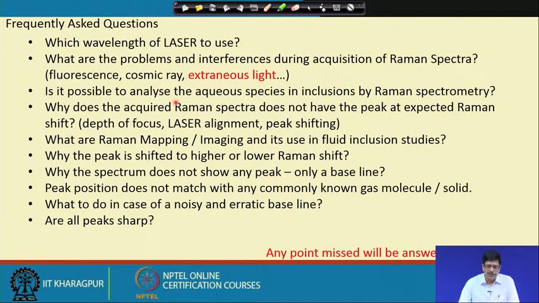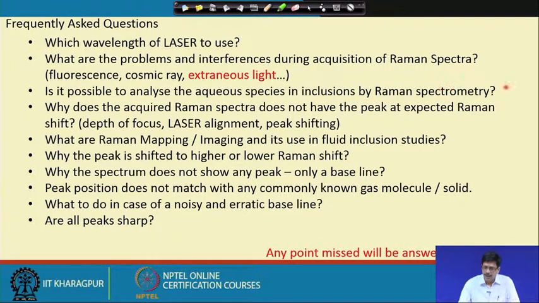So, is it possible to analyze aqueous species inclusions by Raman spectrometry? The answer is yes. It is actually the cryo-Raman. When we freeze the inclusion to a very low temperature, very nearly the liquid nitrogen temperature, we can get the Stokes side of the spectrum more clearly.